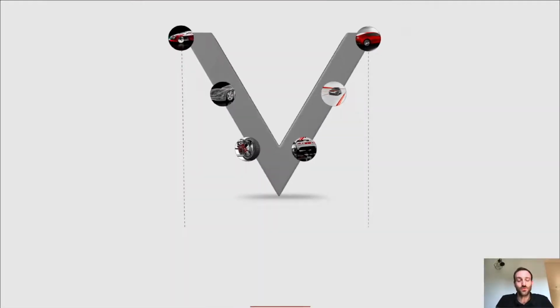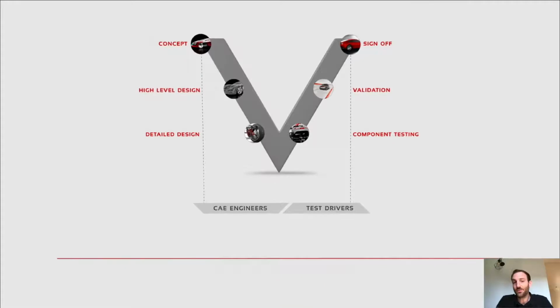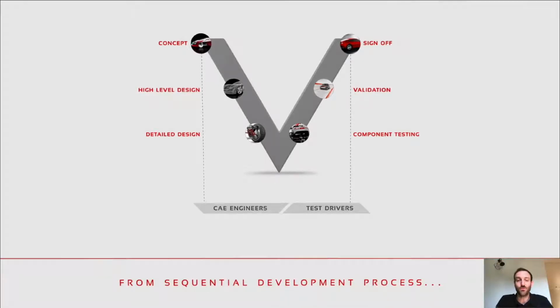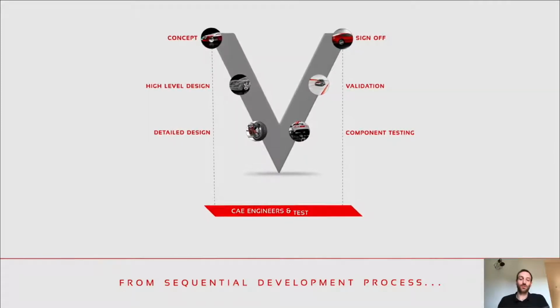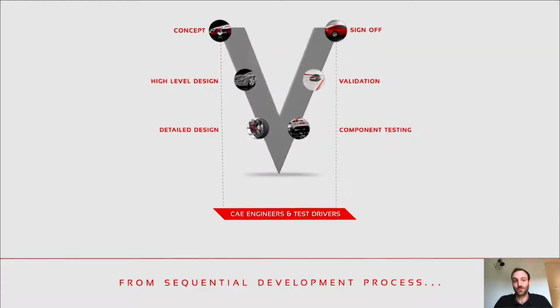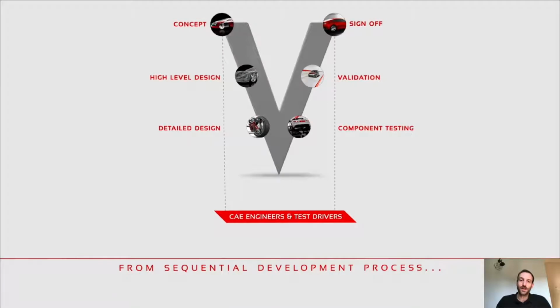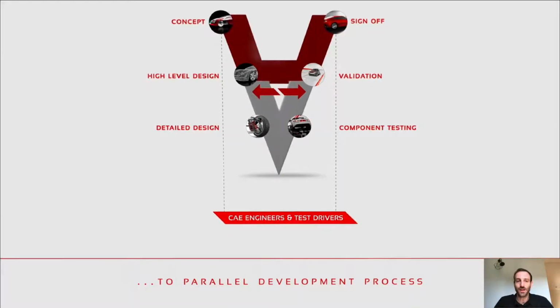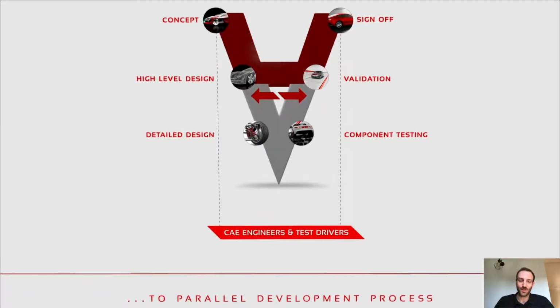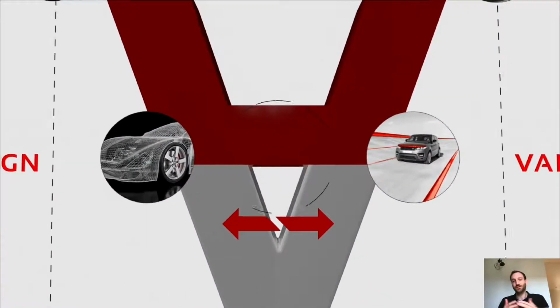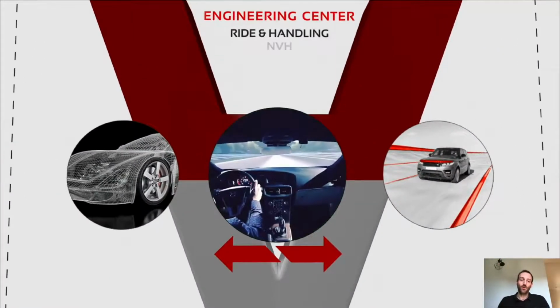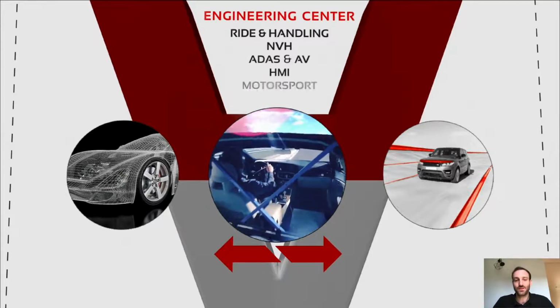So at ViaGrade, we propose a different approach to this V-cycle. With the sequential development process that we have today, with CAE engineers on the left of the V-cycle and test drivers and testing on the right, we want to narrow this V-cycle and bridge the gap between the high-level design and the validation, for a parallel development process where CAE engineers and test drivers meet together around the driving simulator.